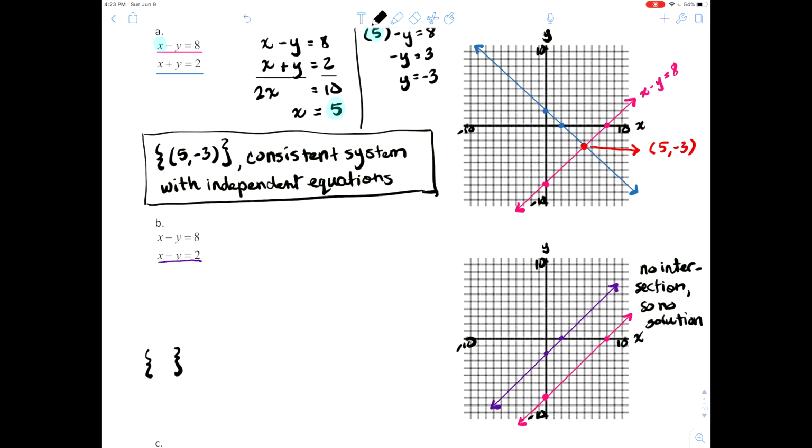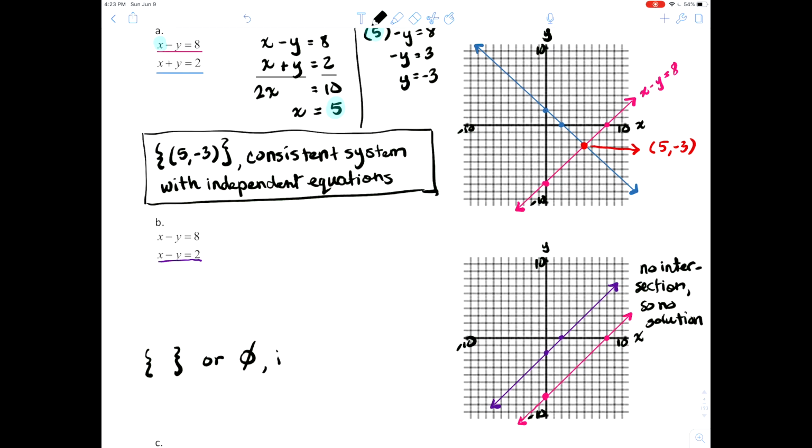So that's the empty set brackets, or you can represent the null set with the 0 with a line through it, okay? And this system is an inconsistent system with independent equations.